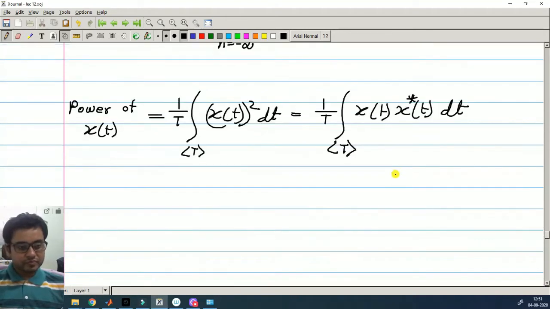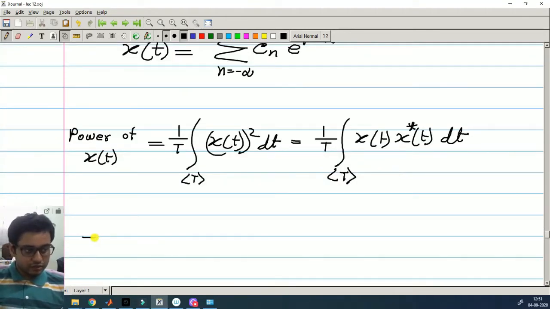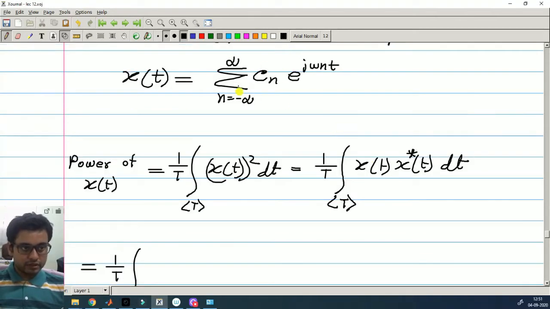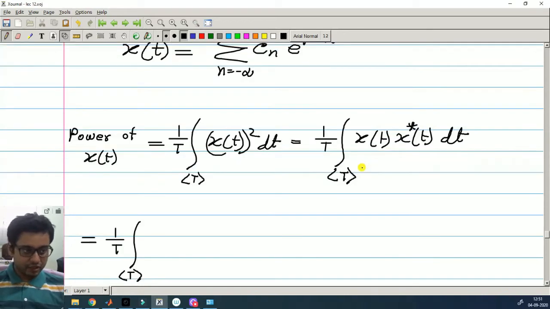Okay, now let me put this expression in place of x. So it becomes Cn e to the power j omega n t summed over n equal to minus infinity to infinity.